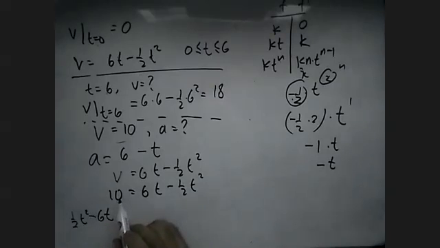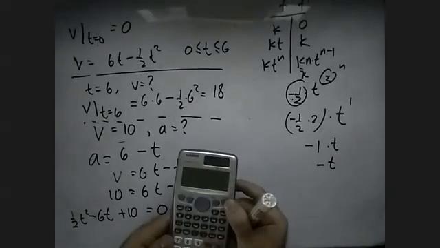The 10 is already on the left, so just put it there. There's nothing more here, so the right hand side becomes 0. To solve this, there are many ways. I have shown you how to do that using factorization. It is also possible if you want to use the calculator.